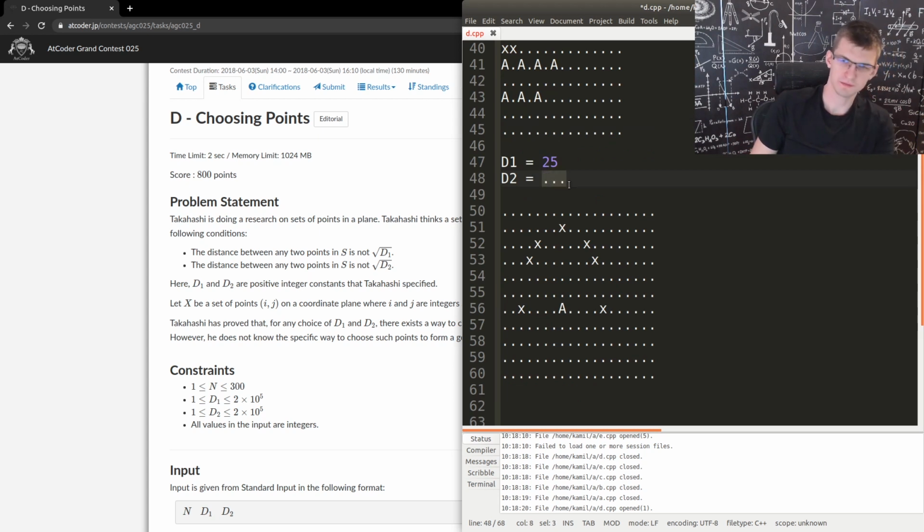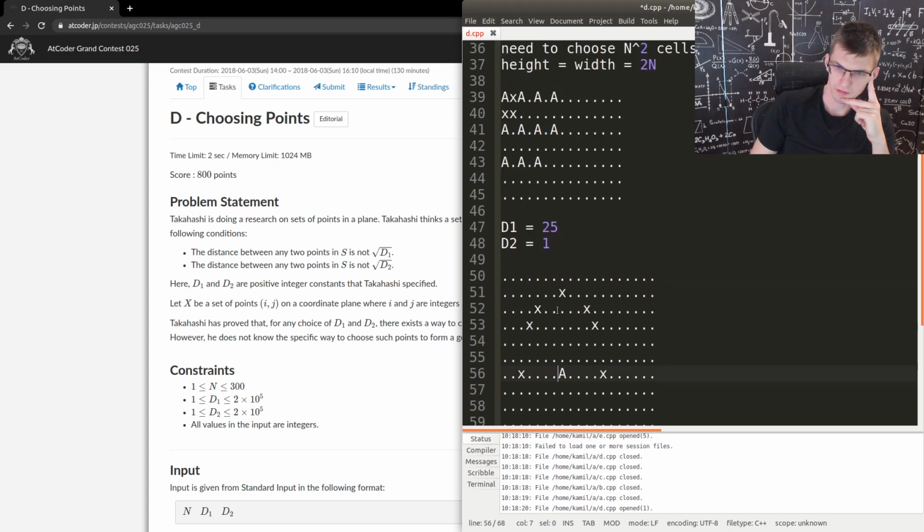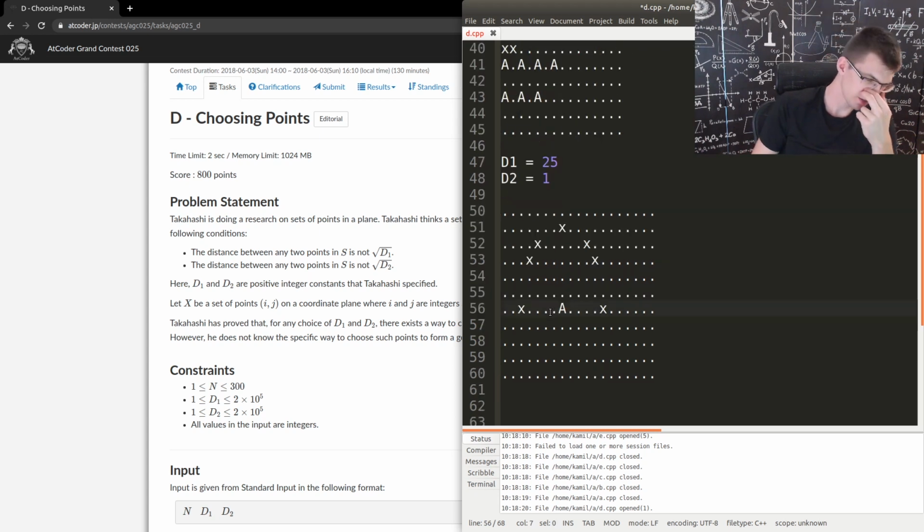I would guess that D2 equal to 1 is quite tricky already, because then I cannot take neighbors of A. So I can take half of the grid. Should I consider those two separately?